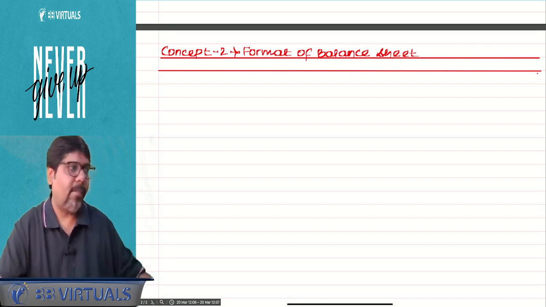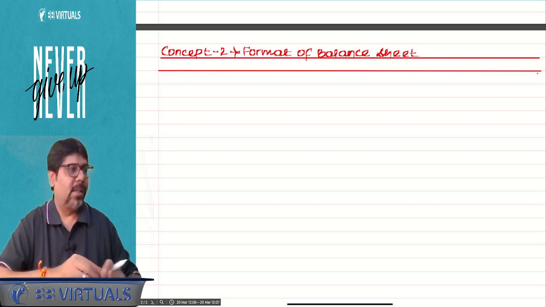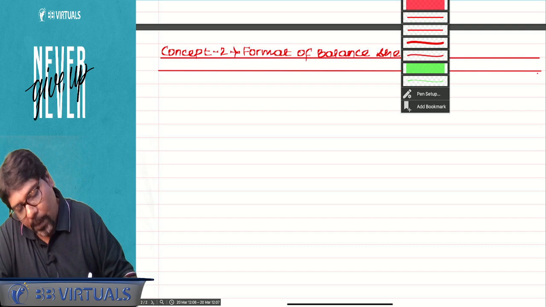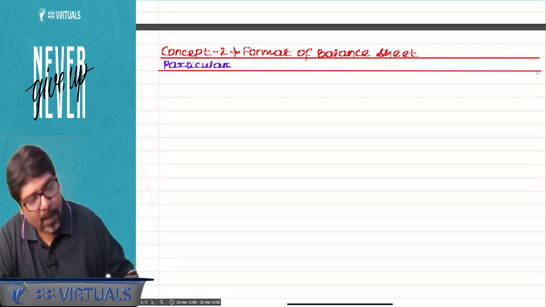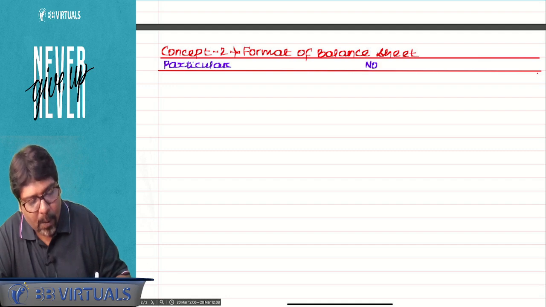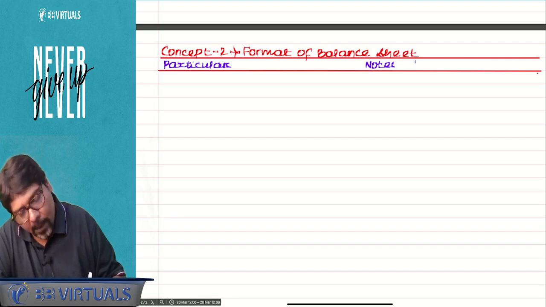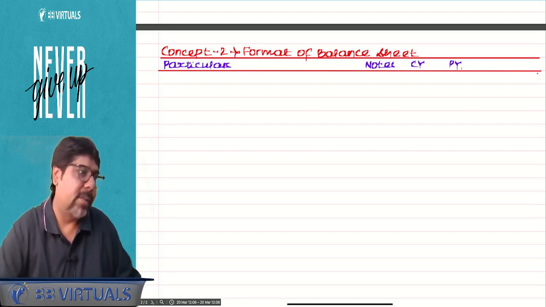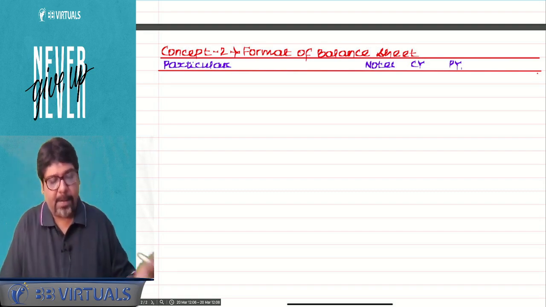Now chartered, the columns are particulars, note number, current year, previous year. Am I clear? Current year, previous year.